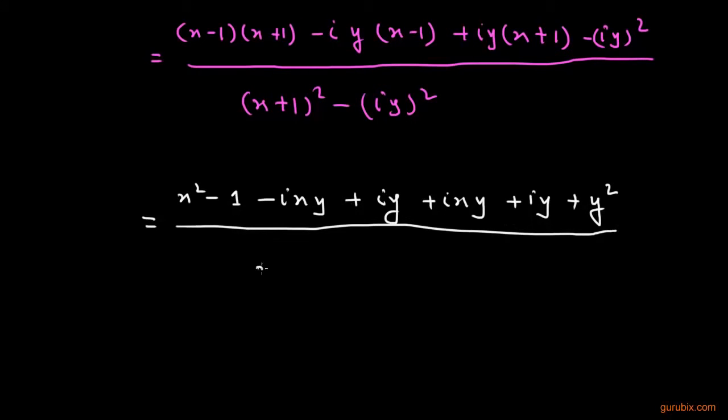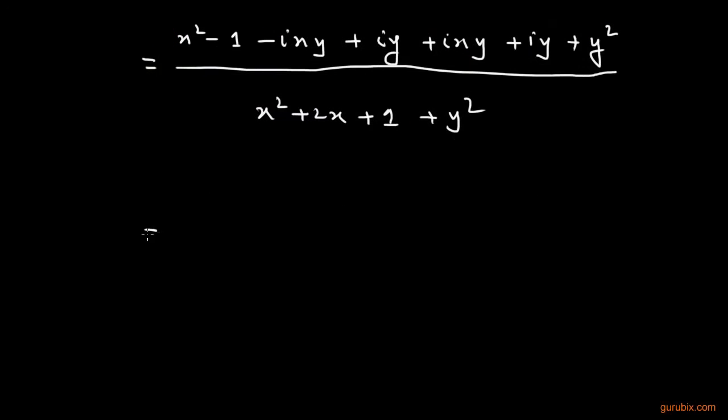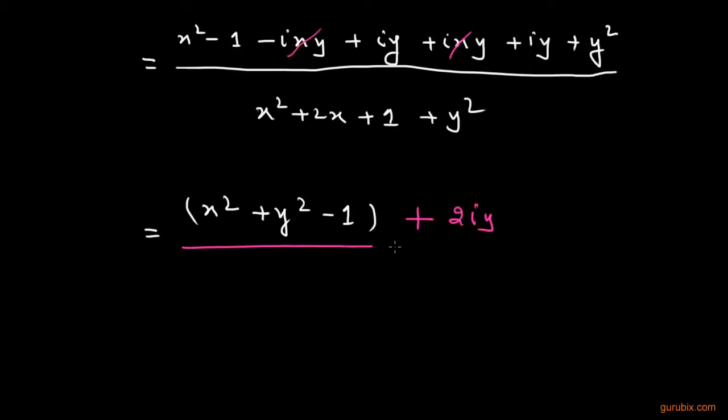In the denominator we have x squared plus 2x plus 1, and here is y squared. So the numerator is equal to (x squared plus y squared minus 1) in a single bracket, and now we can cancel out these values, then we have 2 iota y over x squared plus 2x plus 1 plus y squared.